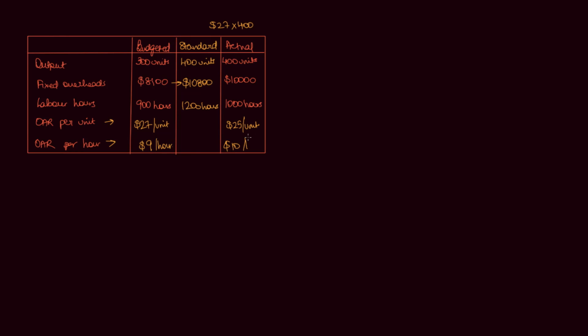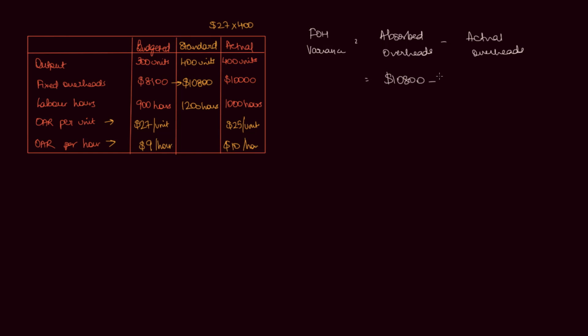Once we have all our data ready, we can now start calculating the variances. So the fixed overhead variance will be equal to absorbed overheads or standard overheads minus the actual overheads. You may write anything in the formula, that's okay. So our standard overheads or absorbed overheads is 10,800. We've already calculated.